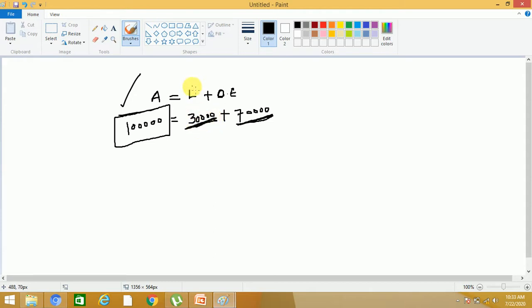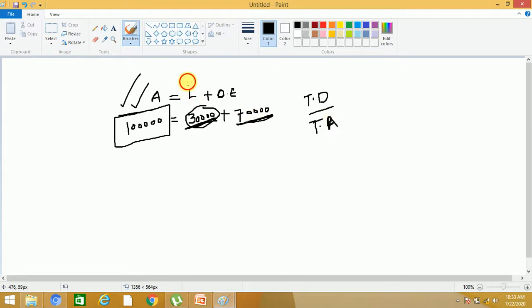So now we are going to calculate the percentage of this debt in the total assets financing. Percentage of what? Debt. Formula: total debt divided by total assets.